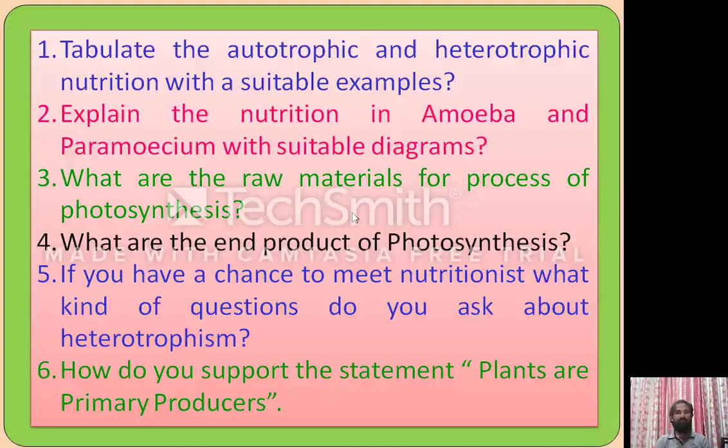The fourth question is what are the end products of photosynthesis? The fifth question is, if you have a chance to meet a nutritionist, what kind of questions would you ask about heterotrophism? And the sixth question is how do you support the statement that plants are primary producers? These are the six questions, you note them and write the answers with reference to the textbook.